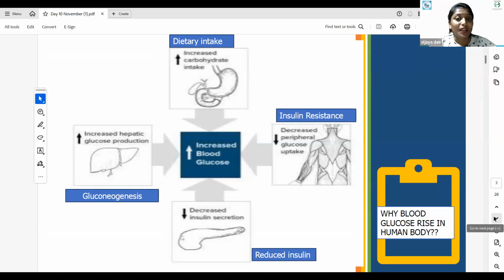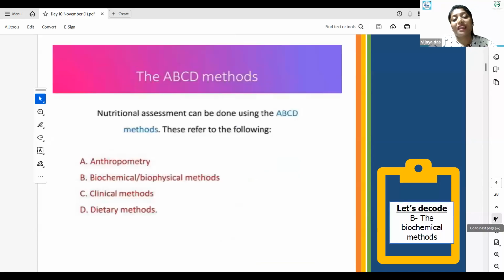And at the same time, the very important insulin resistance, one very prominent reason behind type 2 diabetes, is there, where the cells, particularly the skeletal muscle cells, don't respond to the insulin activity. So all these reasons together may affect the blood glucose levels.